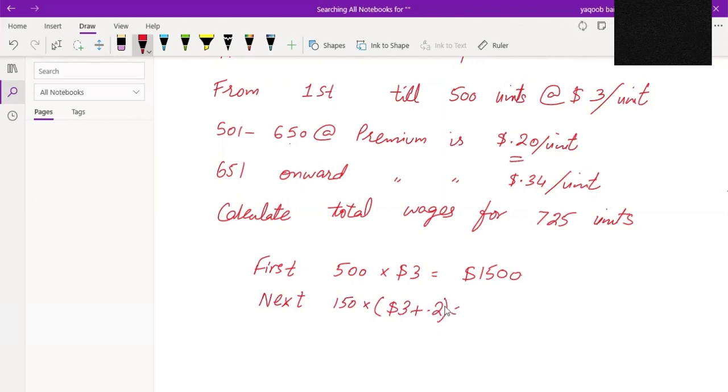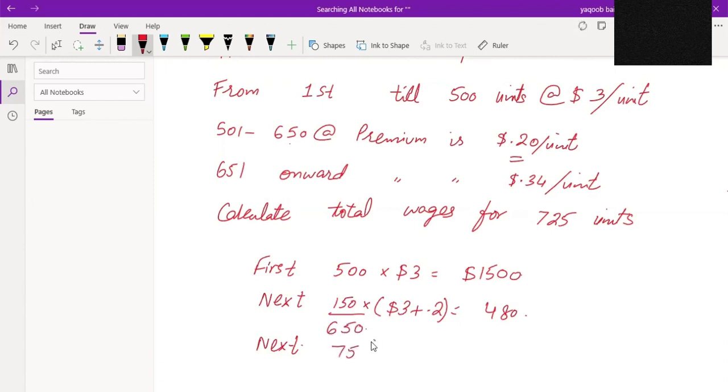So 3.2 into 150, $480. Next, in total we produce 725. Up till now 650 are done.